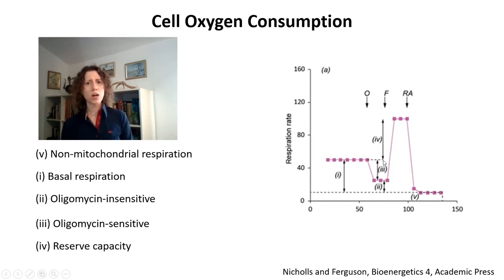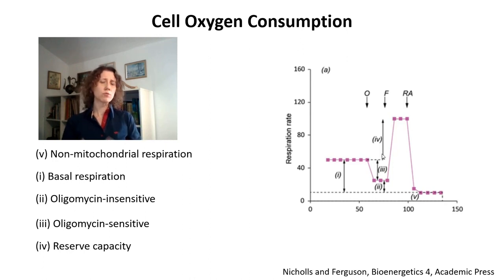The difference between oxygen consumption under basal conditions and maximized respiratory rates is what we have as reserve capacity, as the ability to increase respiratory rates that the cell has. And this could reflect an ability to synthesize more ATP.